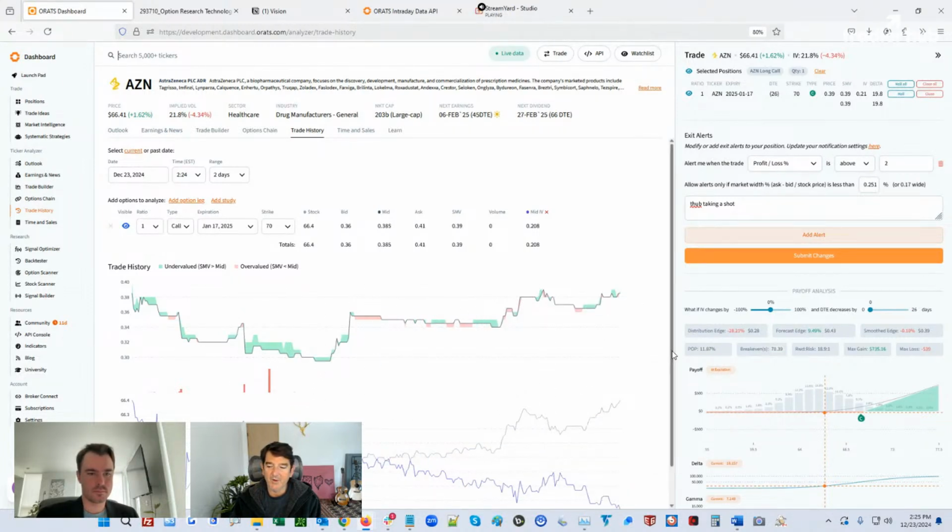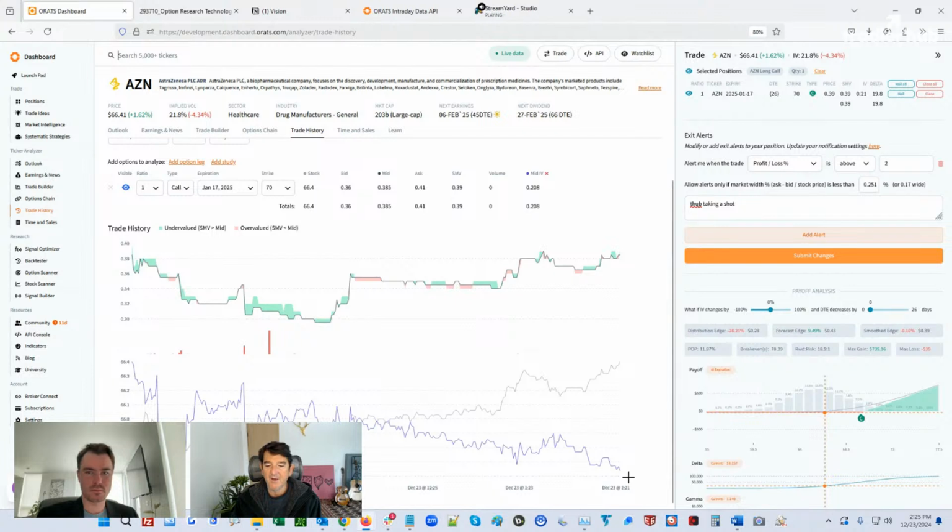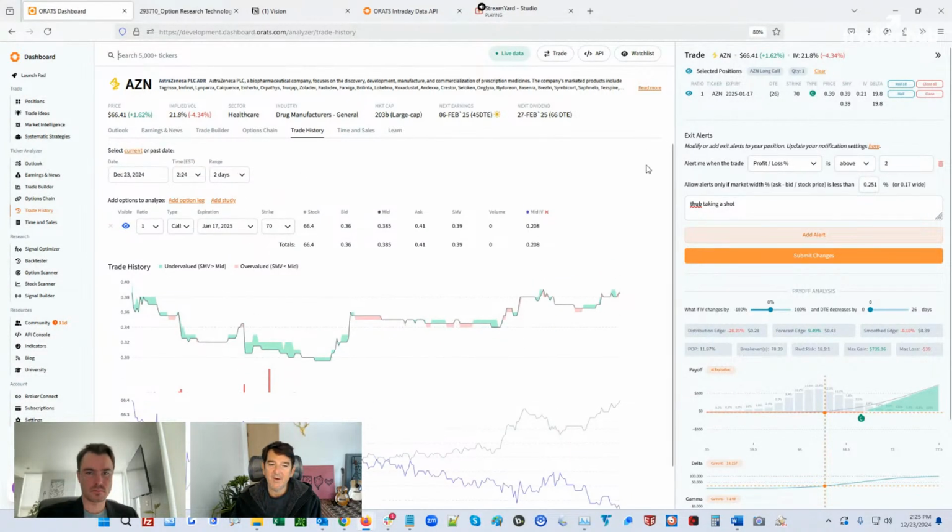Below, you could essentially graph it against the implied volatility at the strike, and then the stock price is down here. So this trade history tab is quite cool, Tyler. Yeah, it's really cool, and you can see the different Greeks and how they affect the value of the position over time. I want to look at the add option leg and add study up above there, Matt.